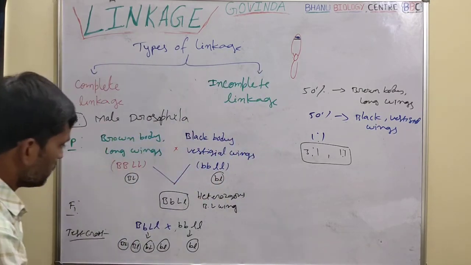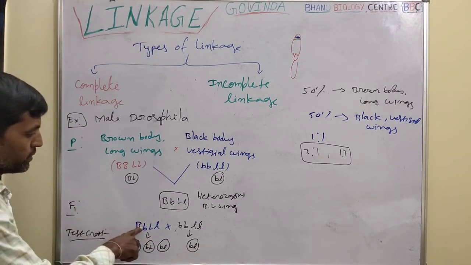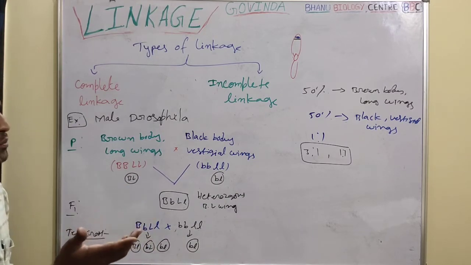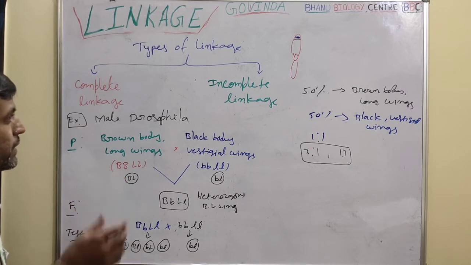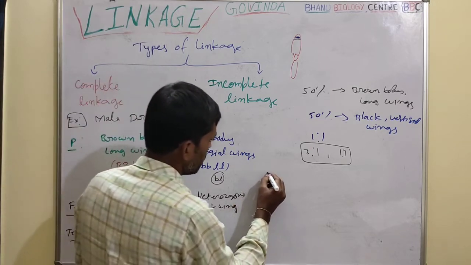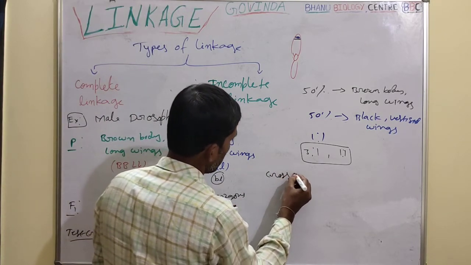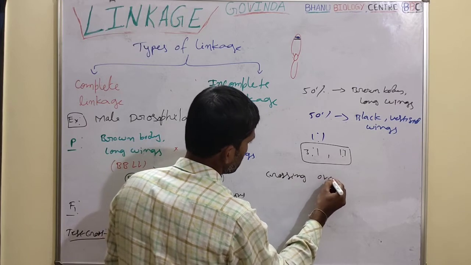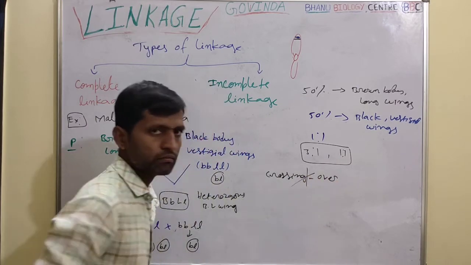So there are two main reasons for the non-production of recombinants. One is that crossing over doesn't occur.